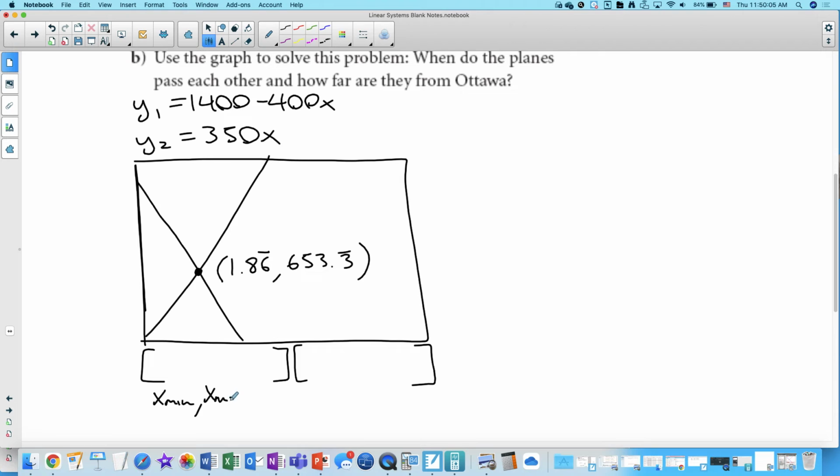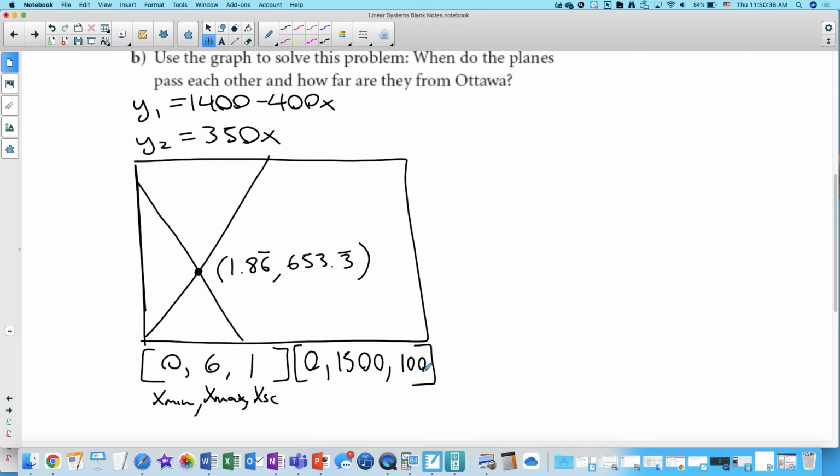To be honest, I don't know why we have to put the scale in, but this is the format that the diploma exam follows. When I was in high school, we didn't have to include the scale. So in this case, that was 0, 6, 1. And then the same thing for y: 0, 1500, 100. Okay? So that's what I would like to see if you are graphing. This is how you show your work using technology.